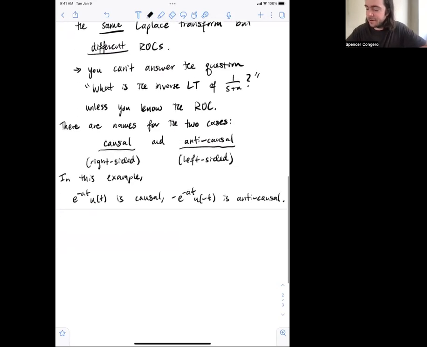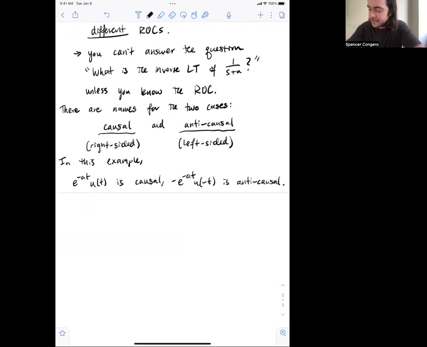And those definitions probably make more sense, especially in this context, if we just look at what these two functions actually look like. Let's say this is our e to the negative at u of t, so it's 0 when t is negative, and equals this decaying exponential when t is positive. This is what we call a right-sided signal, which you can kind of see just from the picture, because it's 0 to the left, and all the non-zero values for the function go off to the right.